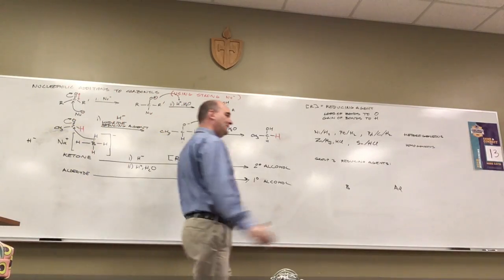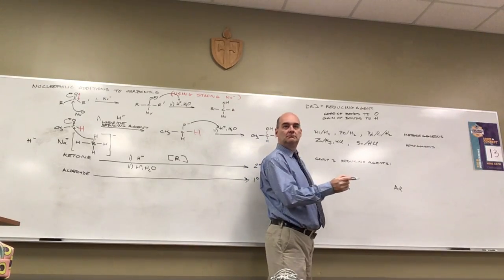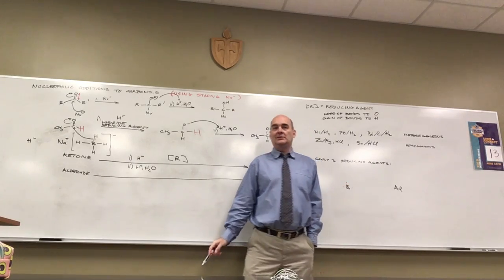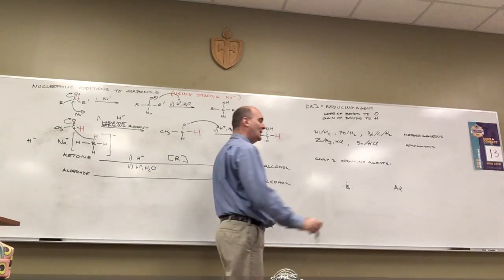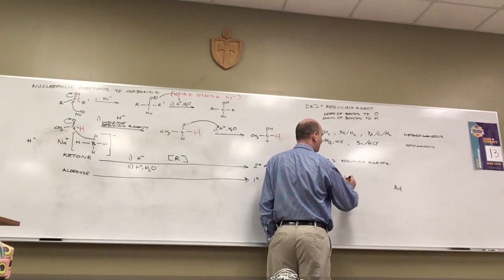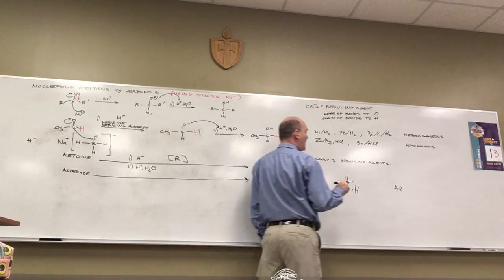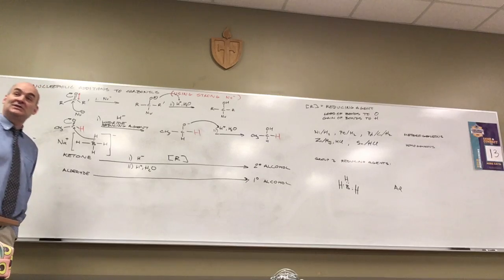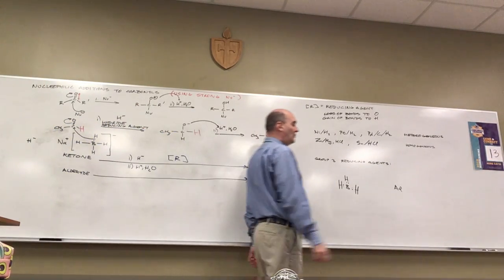Boron is in group 3. How many valence electrons does it have? 3. There's 3 valence electrons because it's in group 3. It's grouped into group 3 because it has 3 valence electrons. Let's surround that boron with hydrogens, so it's now saturated. This is now a little molecule called borane.